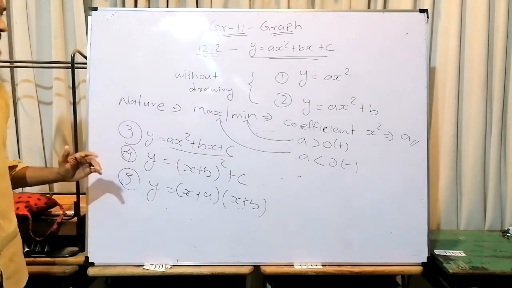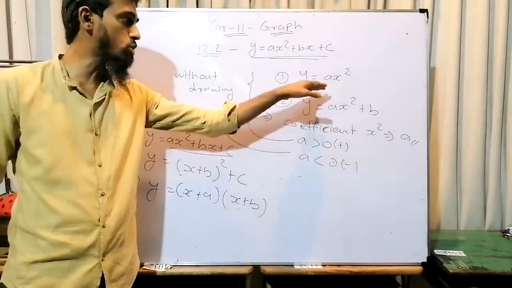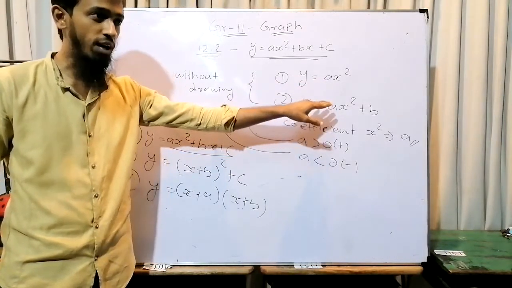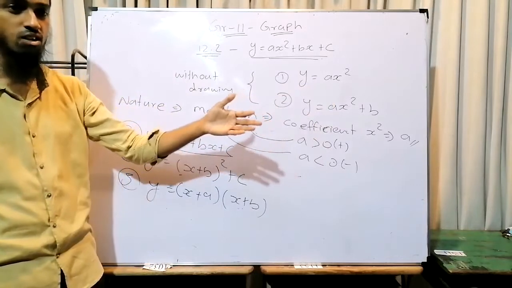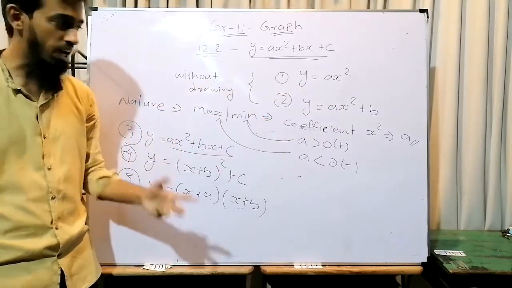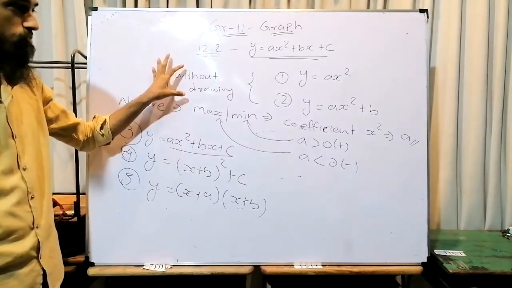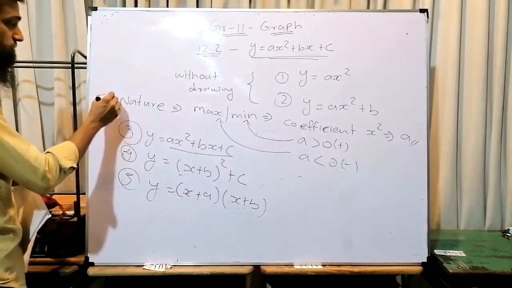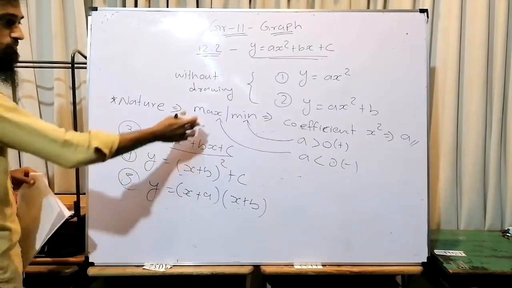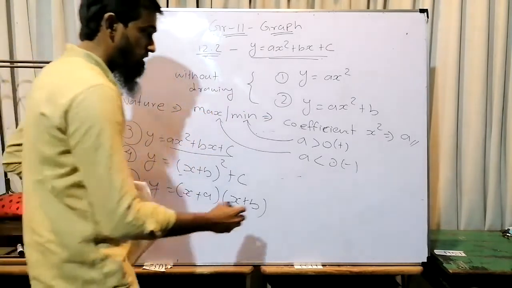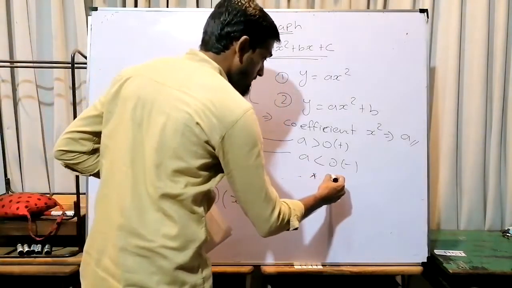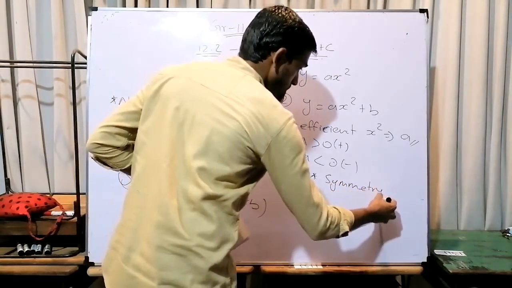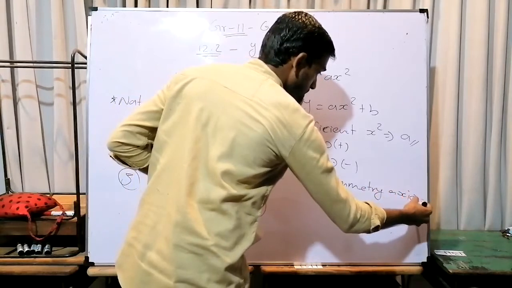We have already studied 2 forms of equation. What is the main part we are studying from the equation? That is, without drawing the graph, what can we say? We can say the nature of the graph. We know what the nature of the graph is. The second point is the axis of symmetry.